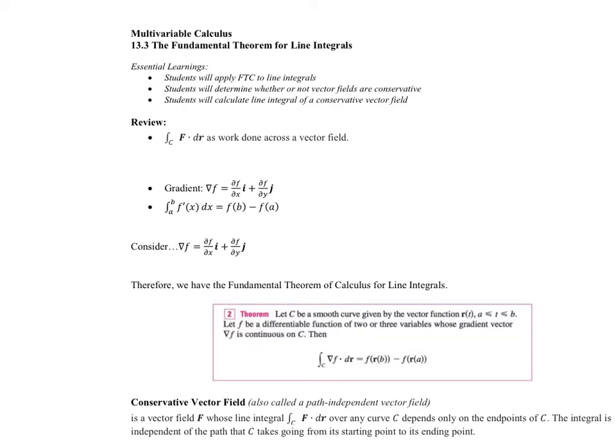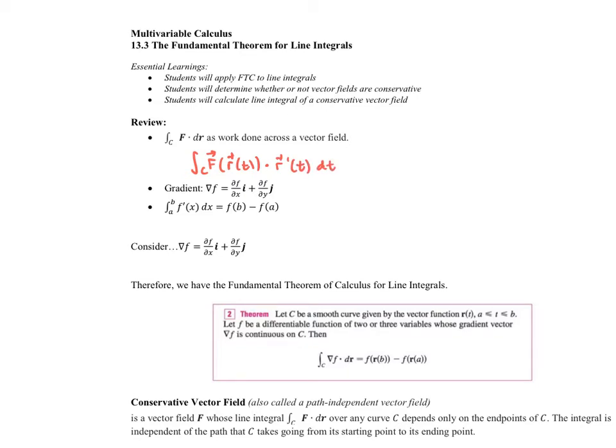So as a quick review, the line integral over C of the vector field F dotted with dr is calculating the work done across a vector field. And remember, we have a couple other formulas that are really common. This one is the one that we use most often. It's the vector field F of r of t dotted with the derivative vector of r, dt.